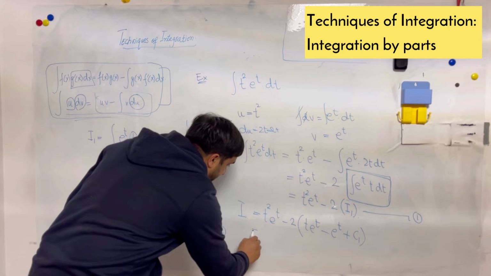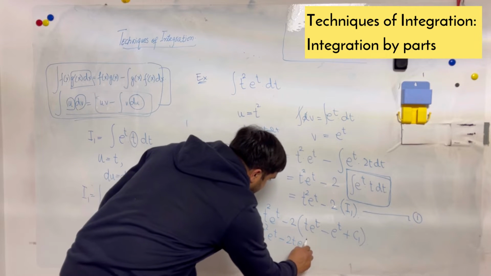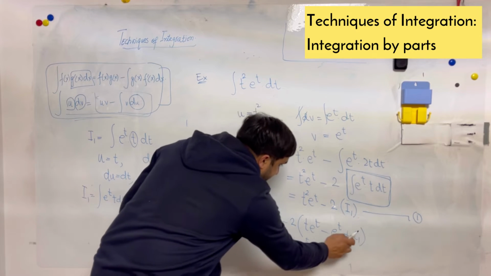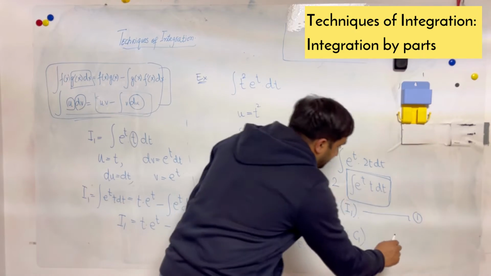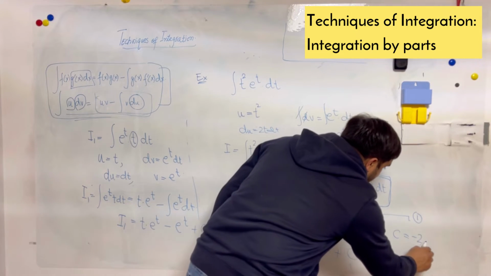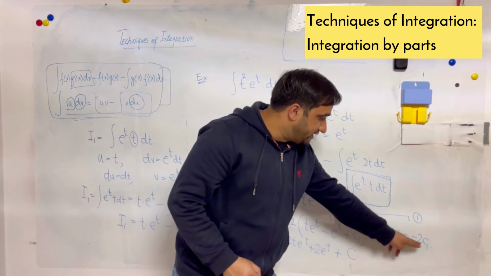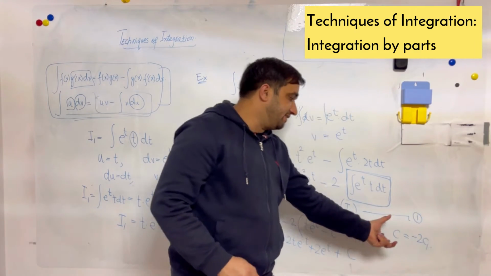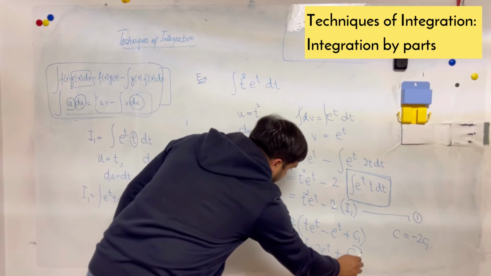You multiply them together, it is t square e^t minus 2t e^t plus 2 e^t minus 2c1, and let me write it as c. I can say that c is equal to minus 2c1, because when you multiply minus 2 with a constant, again you will get a constant, and I name it capital C. This is the answer of the bigger integral.